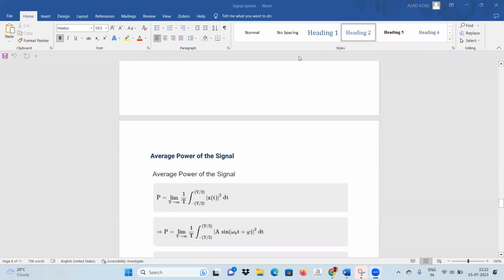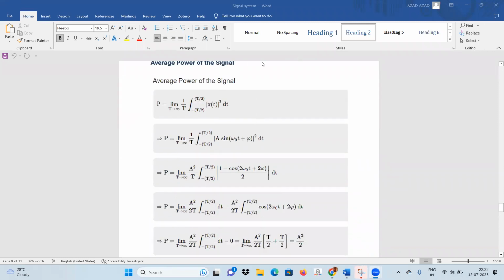This is the formula for calculating the power of the signal. Here, x(t) is A sin(omega t plus phi), and T is the time period.